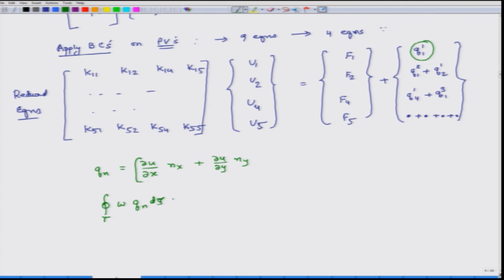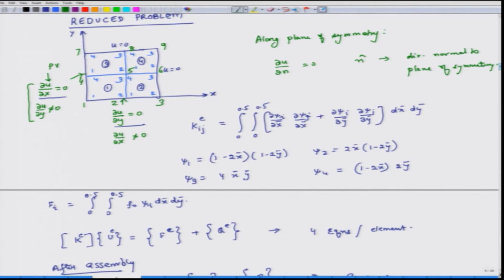Now for Q1, what is ny? Ny is 0, ny is the direction cosine of the normal corresponding to this edge 1 3, right.